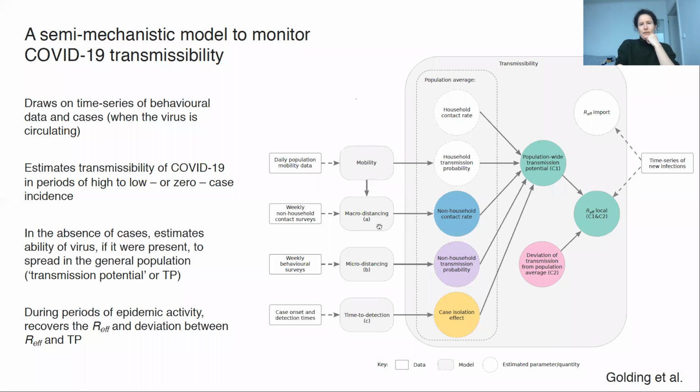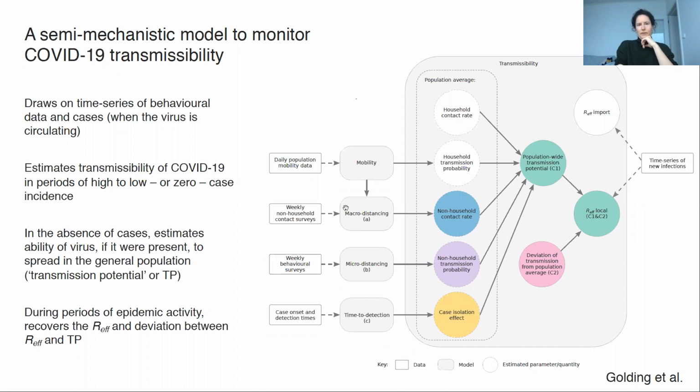Macro distancing behaviour, which is the behaviour which reduces the rate of non-household contact, and micro distancing behaviour, which is the behaviour that reduces the probability of transmission when we do contact others. We're measuring these 2 types of behaviour through weekly behavioural surveys run by the national government.